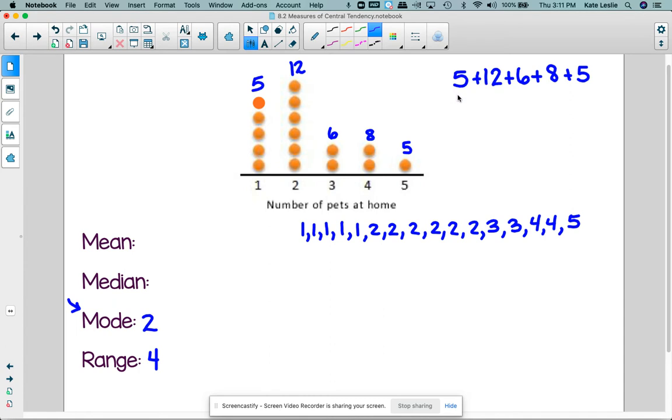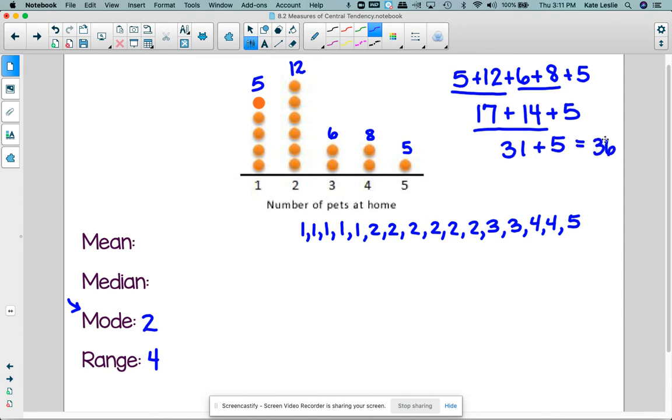So let's do 5 plus 12 is 17. 6 plus 8 is 14, and then plus 5. Okay, and then this is 31 plus 5 is 36.